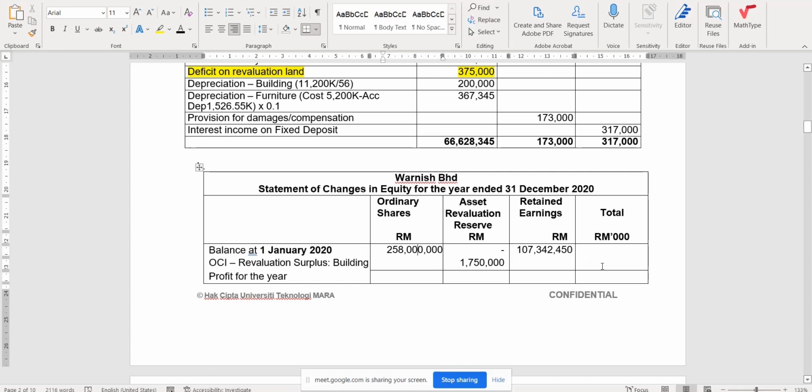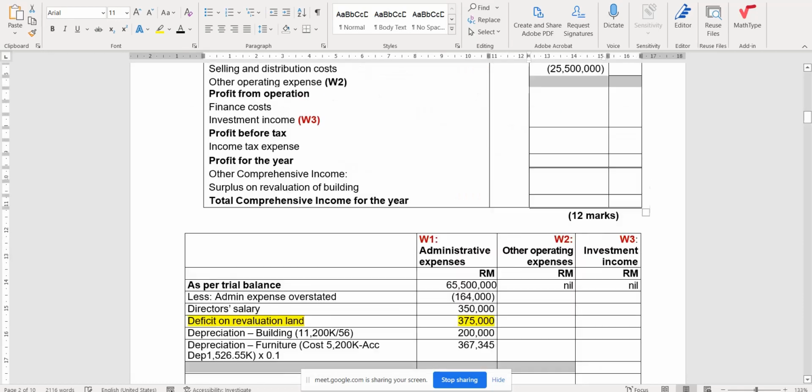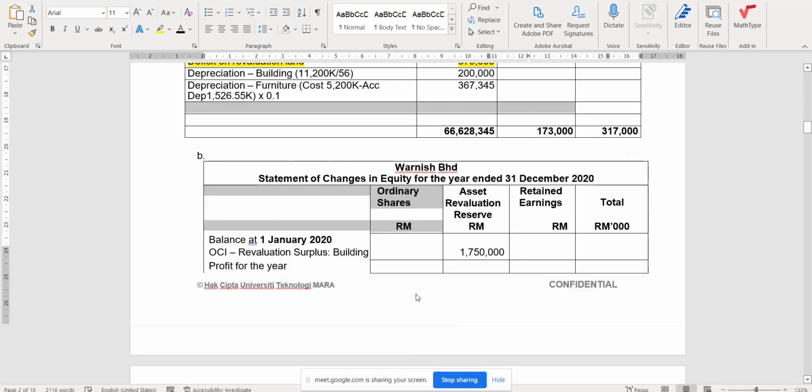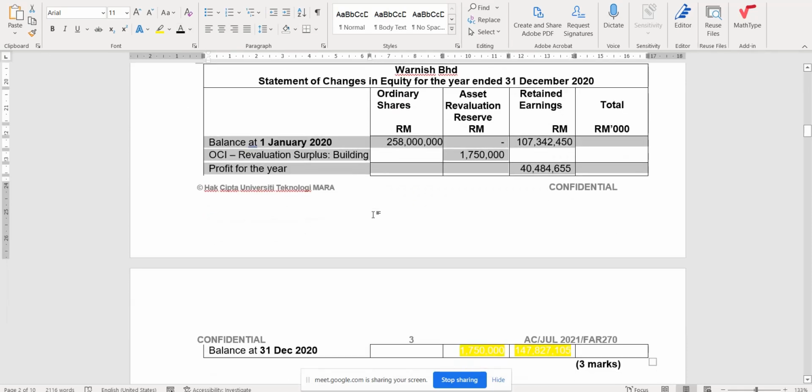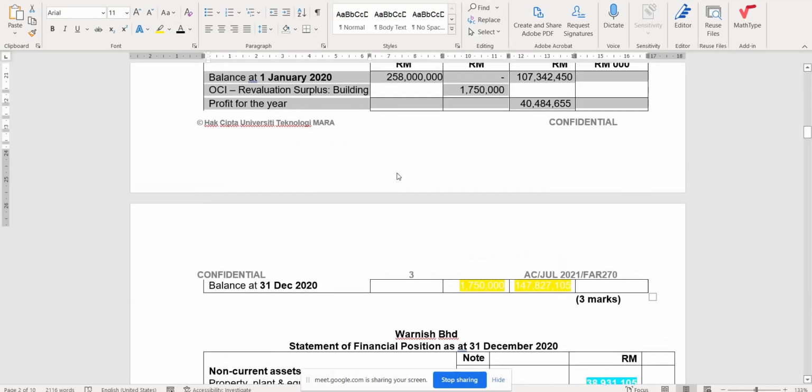Now the revaluation surplus. You have the revaluation surplus, and you have the profit for the year. Okay, the profit for the year would be how much? 40,484,645.